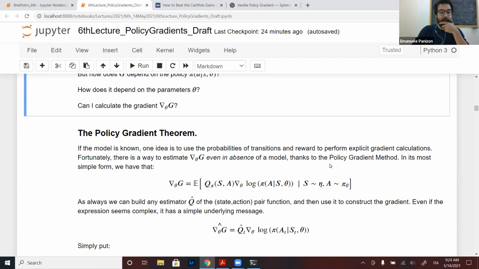So the policy gradient method, in its simplest form, says that we can calculate this gradient, and we just need the expected value of this term here.